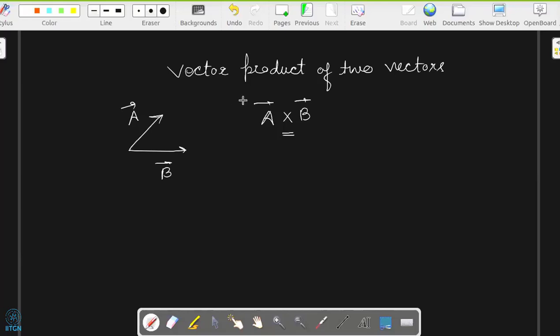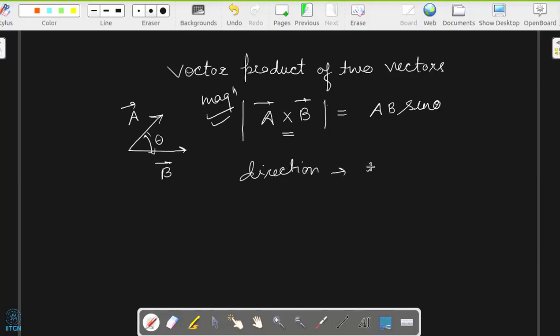Its magnitude is defined as AB sine theta. So this angle, let's say theta, gives AB sine theta, but this is the magnitude. The direction is defined by using the right hand thumb rule.